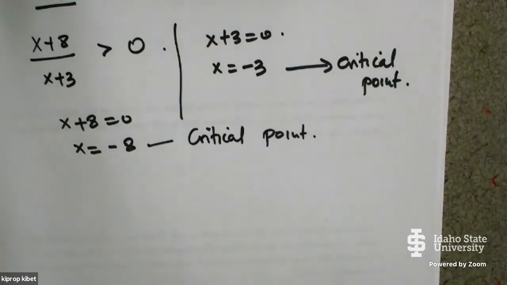For it to be undefined, the denominator should be 0, and anything all over 0 is undefined. So we now have 2 critical points, the one which is 0 and the one which is undefined.